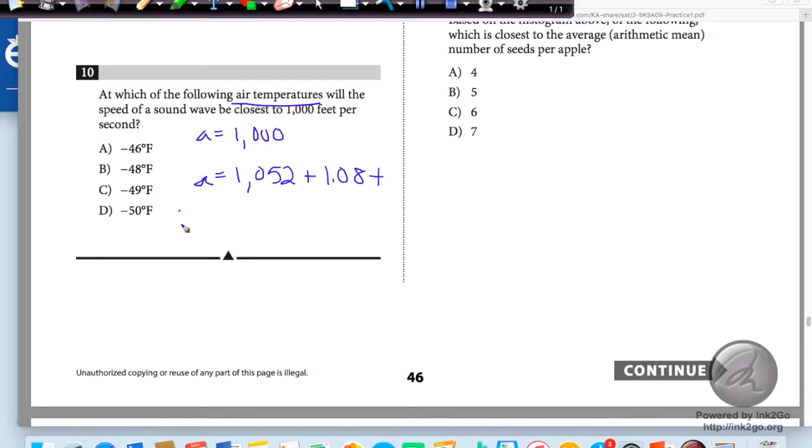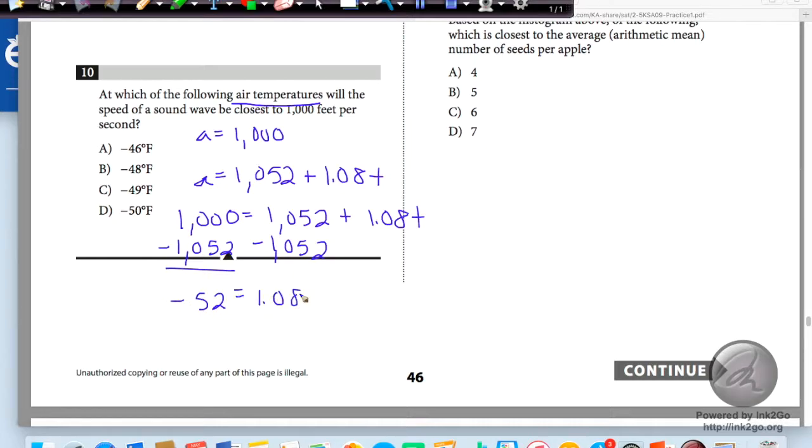Then if I have A is 1,000 equals 1,052 plus 1.08 T, then I can subtract both sides by 1,052. What I'll end up getting is minus 52 equals 1.08 T. Now, if I'm going to, once again, divide by 1.08, what I'm going to end up getting is an approximate value of negative 52 over 1.08.